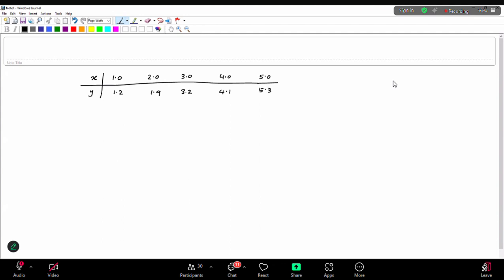So this is the XY data, and we are asked to find a curve fit, assuming that it is a linear fit. And we are asked to find the fit at 95% confidence level. And we are also asked to find the goodness of fit.